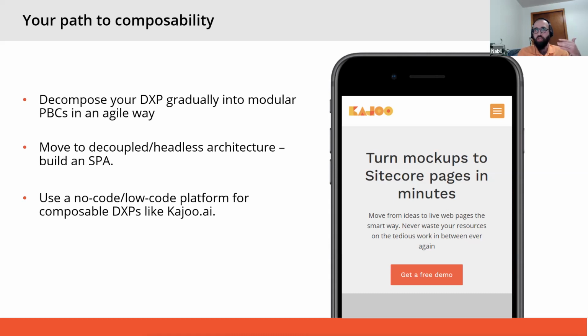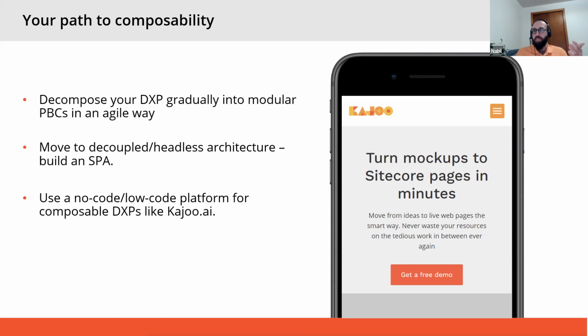We talked about the 3 stages, but technically, the best first step is to move incrementally, in an agile way, to headless architecture. If you're sticking to Sitecore as a CMS or as a DXP, we all know the Sitecore headless, Sitecore JSS. You move your implementation maybe like for like.